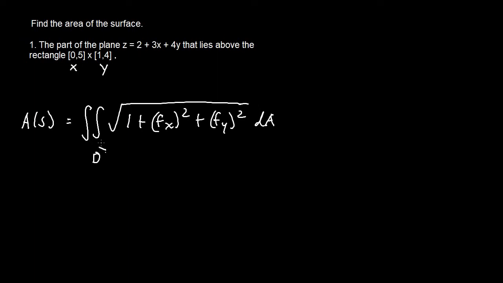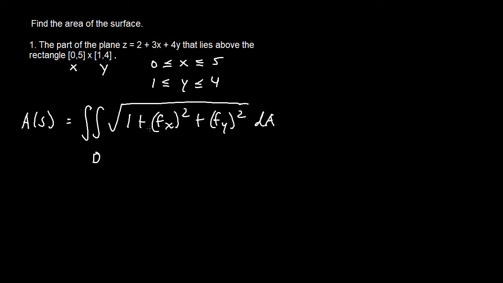Now the region D in this case is just going to be the rectangle, so the x bound is from 0 to 5, and in another inequality the y bounds range from 1 to 4. Now the function that is given to us is the equation of the plane z equals 2 plus 3x plus 4y.